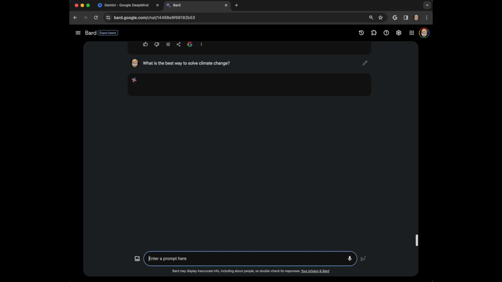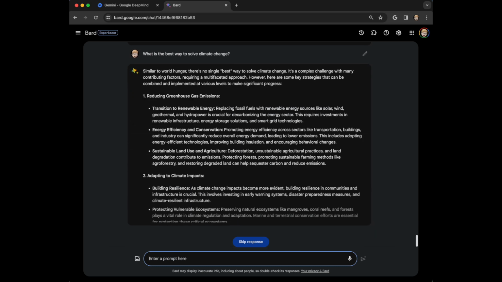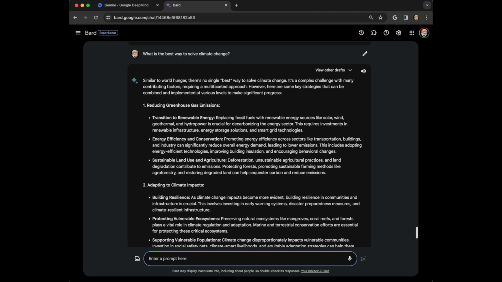Now, I have a feeling that while Gemini Pro is the model, some of the content is very similar. So similar to world hunger, there's no best way to solve climate change. It's a complex challenge with many contributing factors requiring a multifaceted approach. So what I'm finding different about this Gemini Pro powered Bard experience is that it's connecting the context.